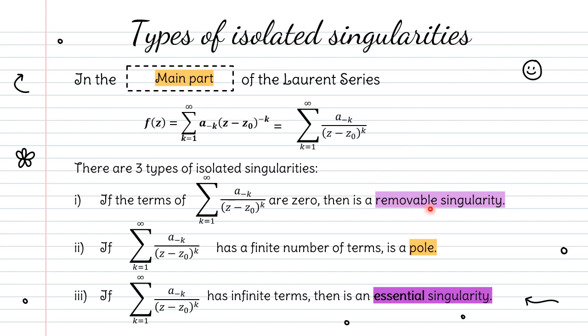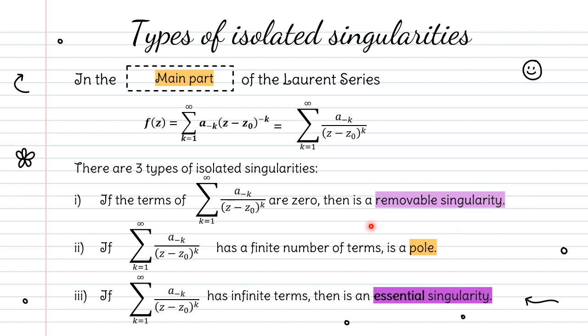The removable singularity is a singularity that can be removed. And we said that if the terms of the sum that goes from k equals 1 to infinity of a sub minus k over z minus z sub 0, remembering that z sub 0 is the singularity, raised to a certain power, are all zero, then we say that we have a removable singularity.